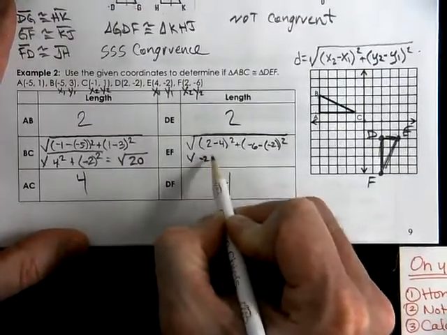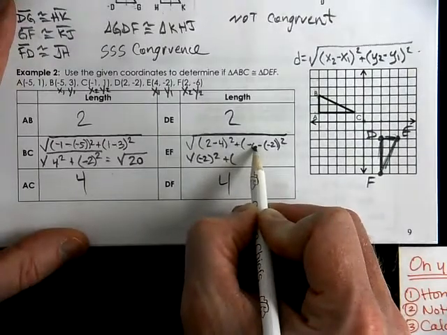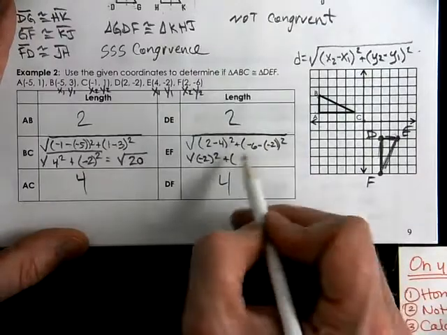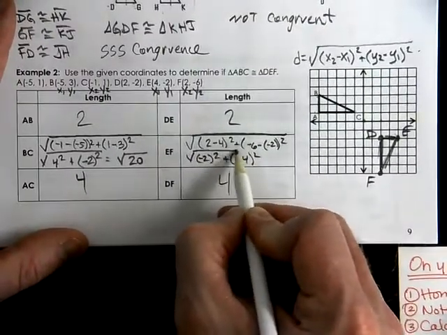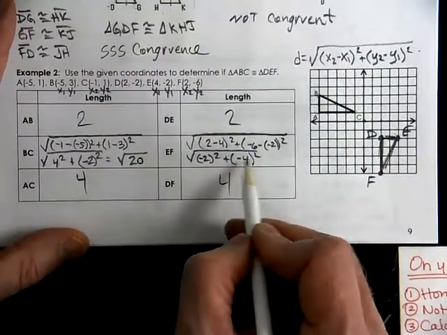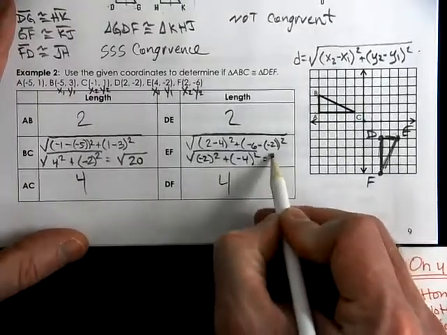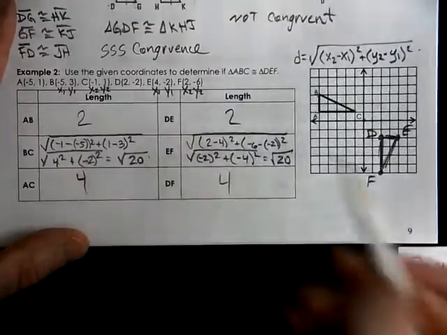This gives us -2 squared and -6 plus 2. -6 plus 2 is actually -4. So this is 4. When you square -2, you get 4. And you square -4, you get 16. So 4 and 16 is 20. So square root of 20 matches square root of 20.